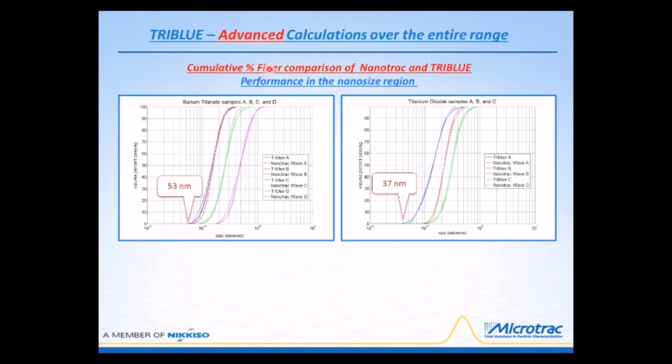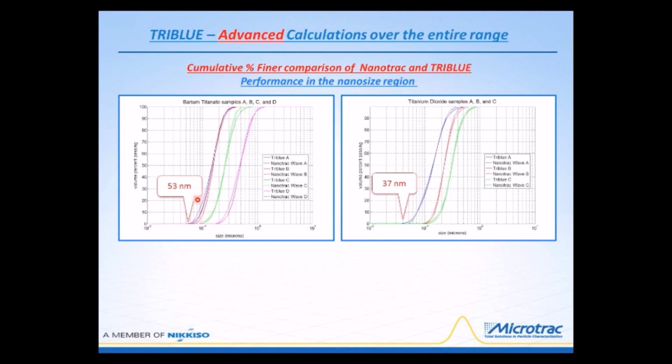I have to thank Dr. Trainer for providing me with this data, and he was able to overlay Tri-Blue and Nanotrac Wave data. What we're seeing here are barium titanate samples, and there are actually 4 of them in here. 2 of them are just a little bit different down here on the fine end.